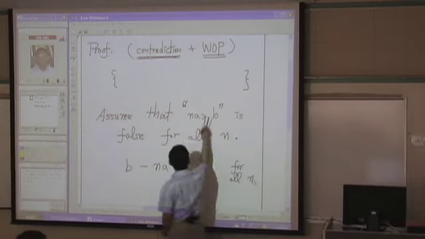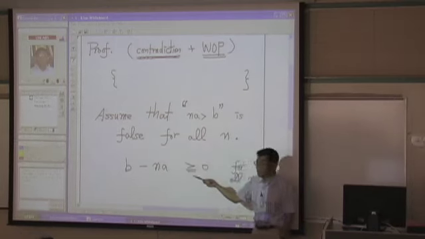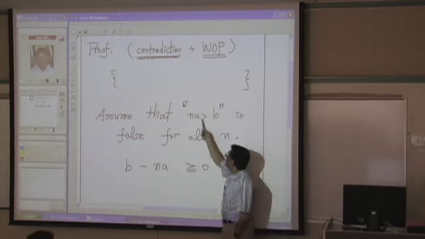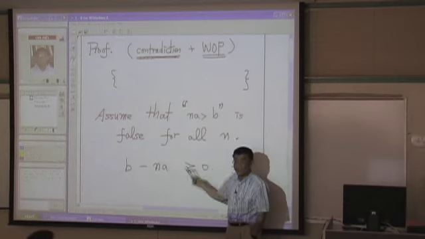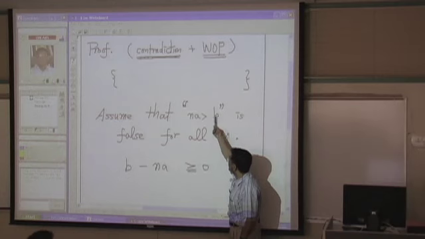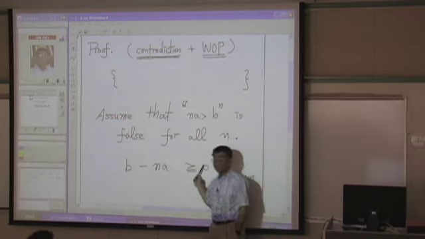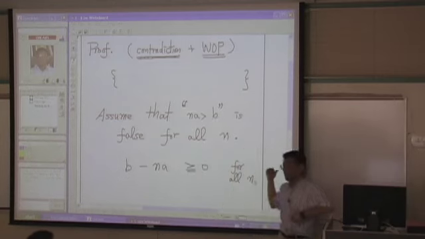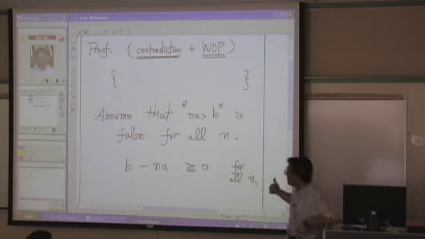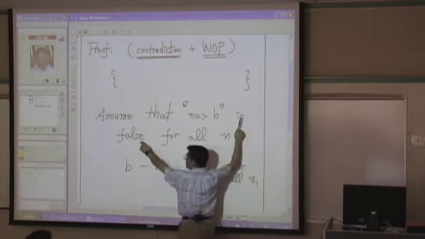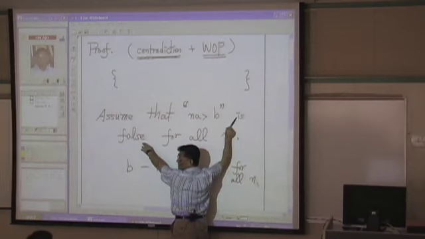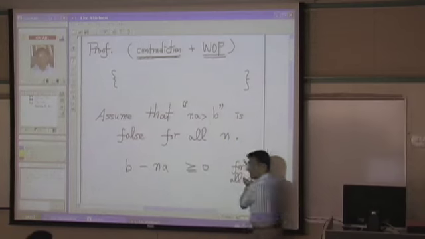Why? Because this is false for all n. In other words, for all n, the other side is bigger, right? The other side is bigger. In other words, the other side minus nA is always non-negative. Under this assumption that this is false, we lead to this conclusion.